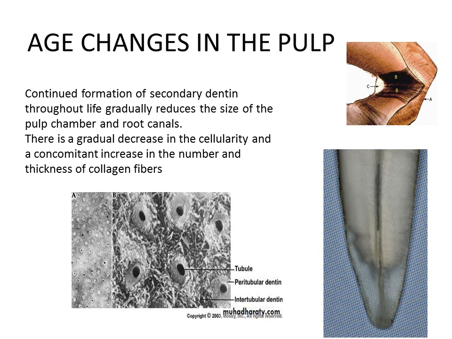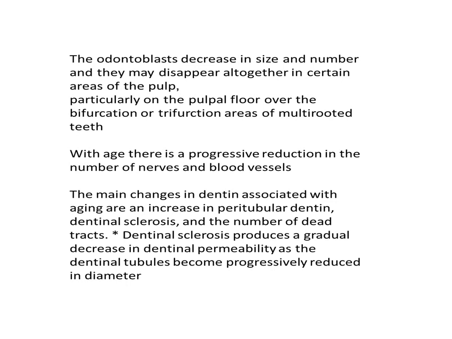Look here how thick the peritubular dentin is and how narrow the tubules will be. The odontoblasts will decrease in size and number, and they may disappear altogether in certain areas of the pulp, particularly on the pulpal floor, over the bifurcation and trifurcation area of multi-rooted teeth. With age, there is a progressive reduction in the number of nerves and blood vessels.